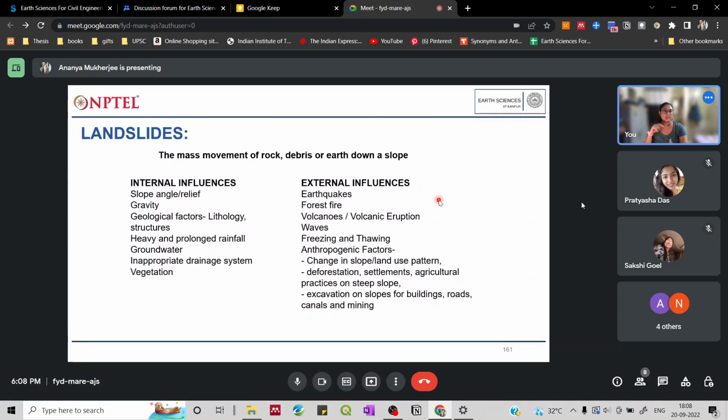Also different geological structures or planes of weakness like joints and bedding planes, and a lot of weathering processes also cause landslides. Then you have obviously climatic factors such as heavy rainfall and prolonged rainfall.